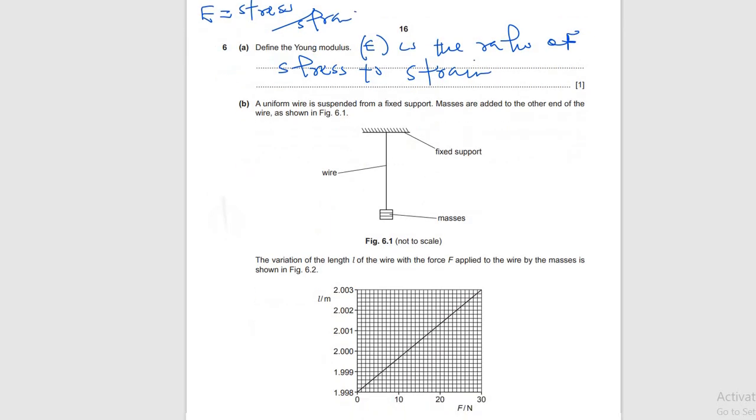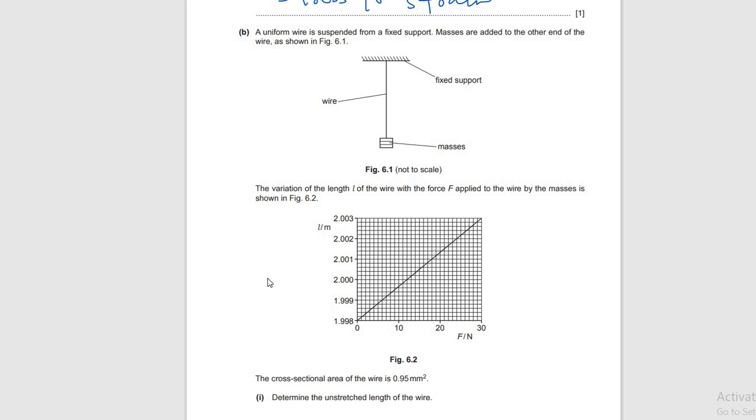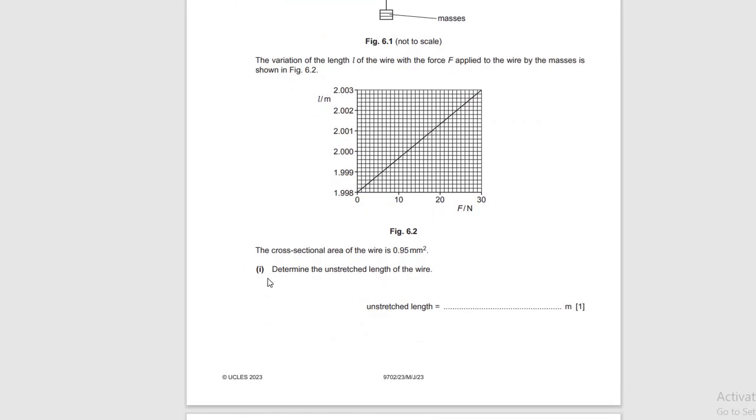The next question. A uniform wire is suspended from a fixed support. Masses are added to the other end of the wire. The variation of the length L of the wire with the force F applied to the wire by the masses is shown. The cross-sectional area of the wire is 0.95 mm².